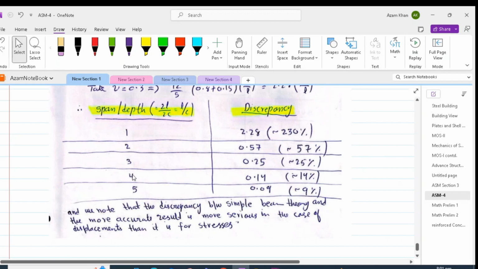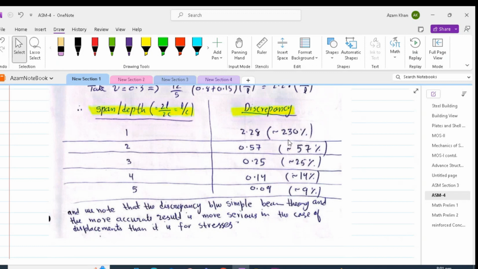If it becomes 4, the discrepancy is almost 14%. If it becomes 3, the discrepancy is 25%. If span to depth is 2, the discrepancy shoots up to 57%. And finally, if span to depth is the same, the discrepancy in the deflections goes exponentially to 230%.